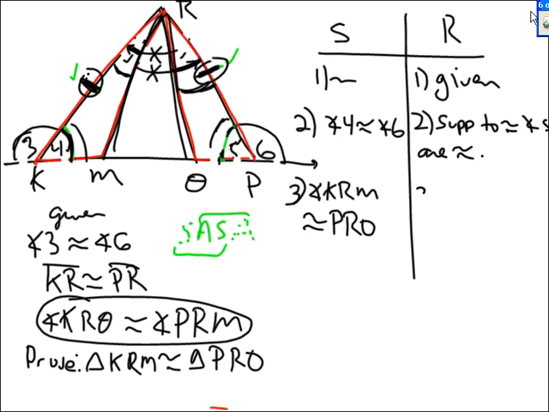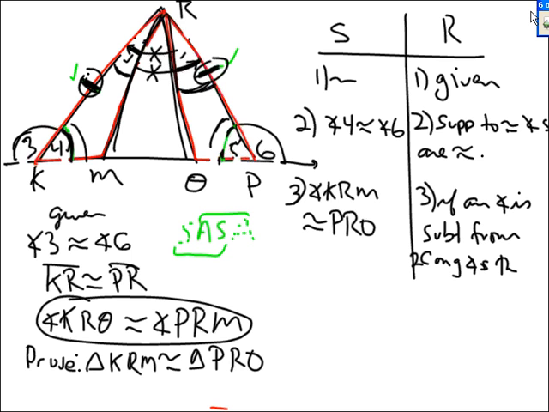And the reason is, if an angle is subtracted from two congruent angles, their difference will be congruent.